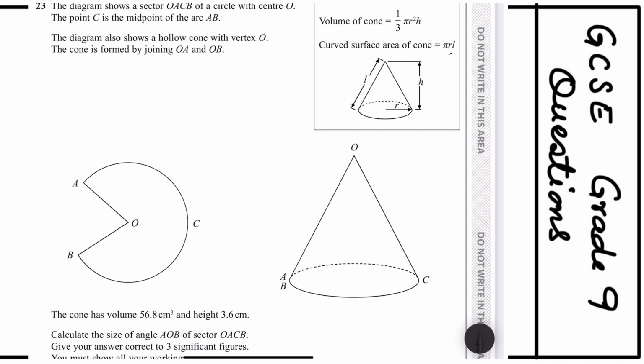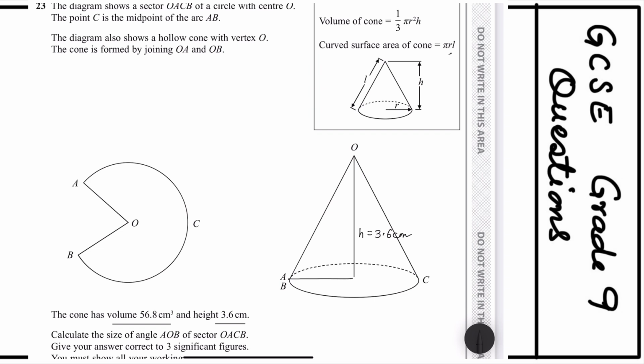In this question we have a sector and the cone. The cone is formed by joining OA and OB of the sector. We have the volume of the cone is 56.8 and the height of the cone is 3.6 centimeters.